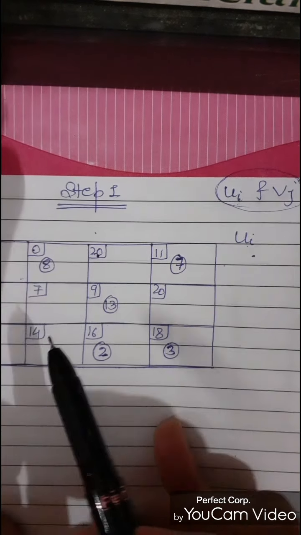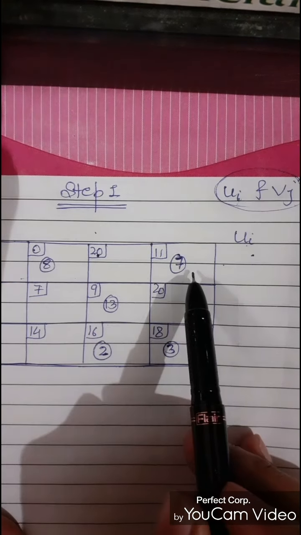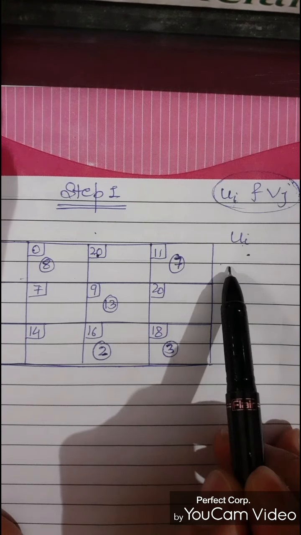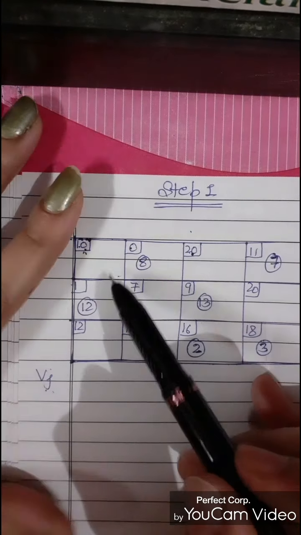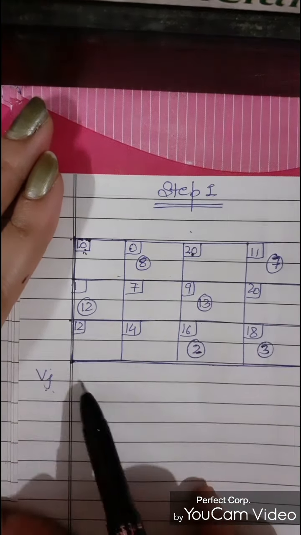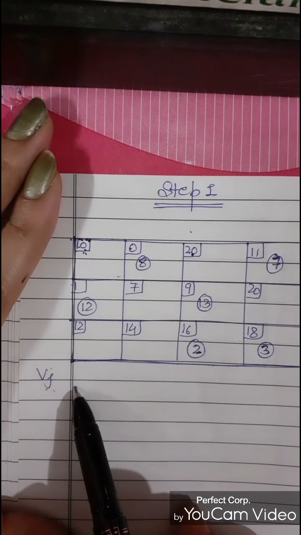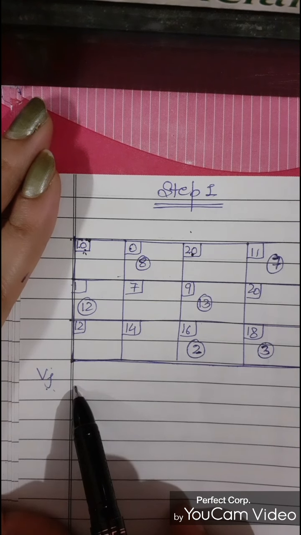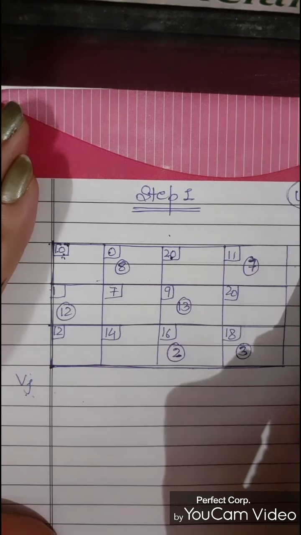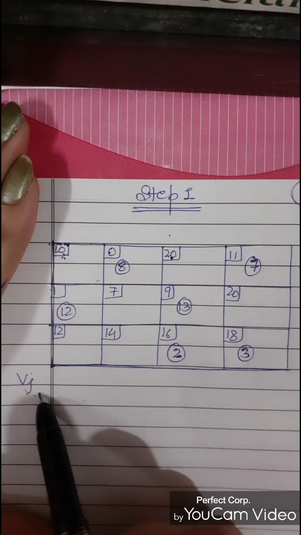If the maximum number of allocations is found in a row, we set that Ui equal to 0, and if a column has the maximum number of allocations, we set one of the Vj values equal to 0. This is the assumption we make for calculating the values of Ui and Vj.